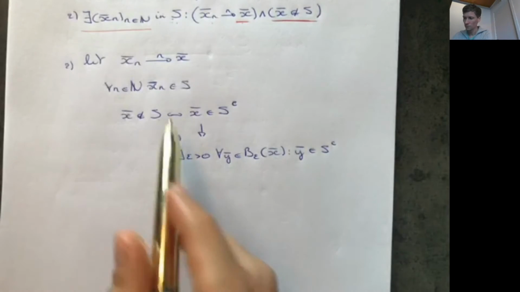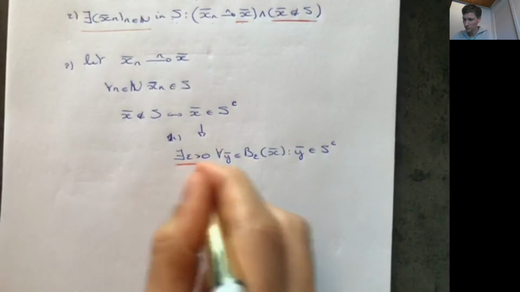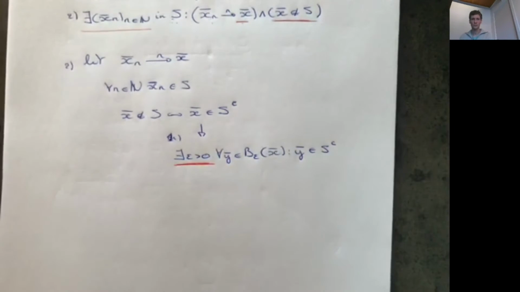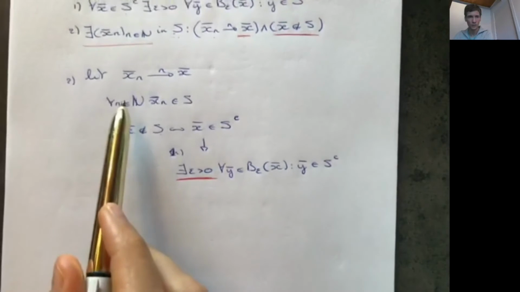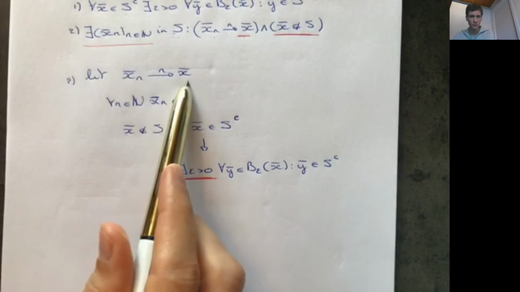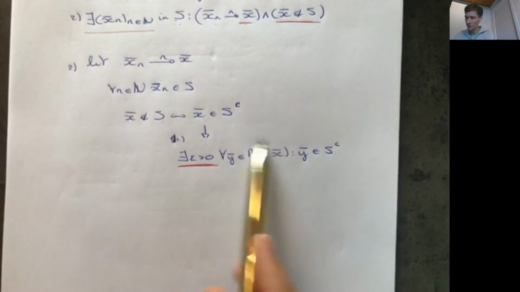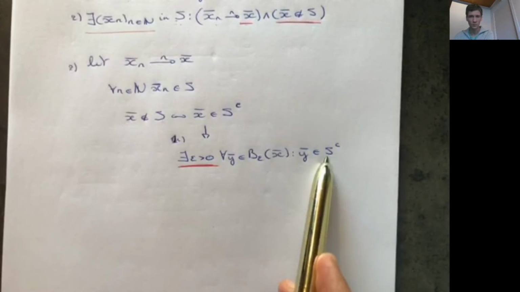So take this epsilon that satisfies this. Okay, so what's happening here? I have a sequence in S that converges to x, but there's some epsilon such that everything that's epsilon close to x has to be in the complement.